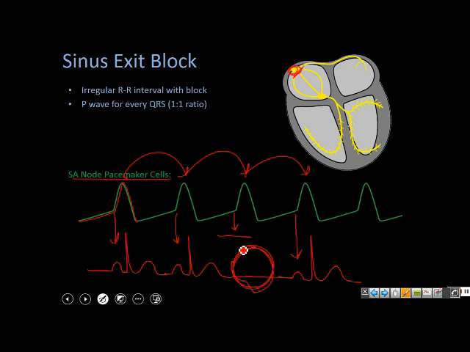There should be a heartbeat there, and it's not. And all of these P waves will map out just as they should, with the exception of one blank space, one slight pause that you'll see. And this is sinus exit block.